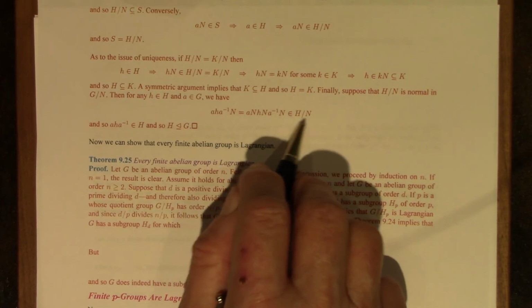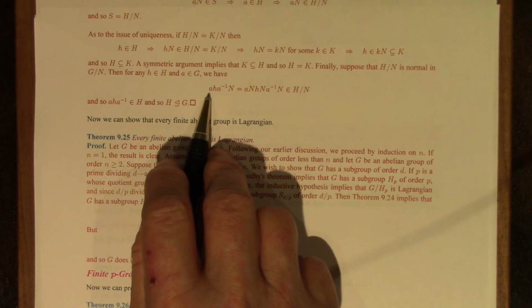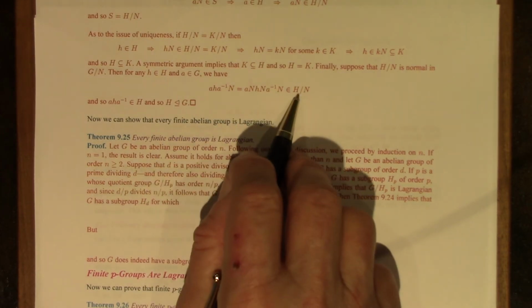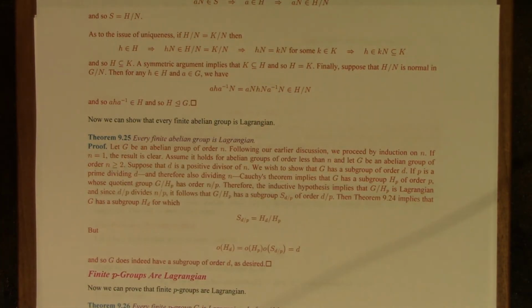So it still belongs to H mod N. And therefore, aha inverse belongs to H. So H is closed under conjugation, it's normal. So that completes the proof.